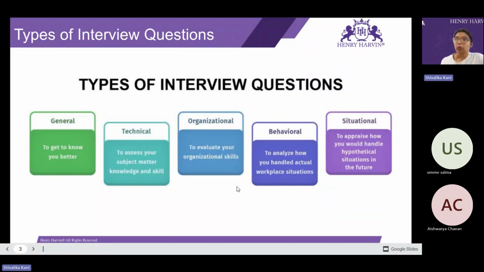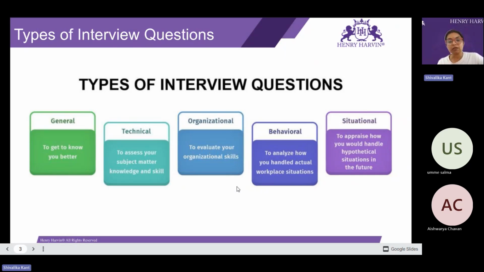And they want to determine if you can apply theoretical knowledge in practical problems. They want to check if you have the skills, and at what level. Is it beginner level, is it intermediate, or are you an expert?